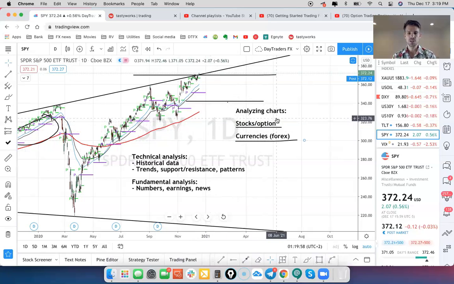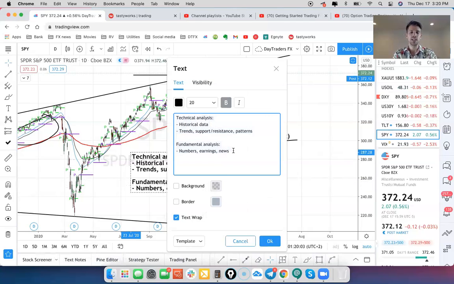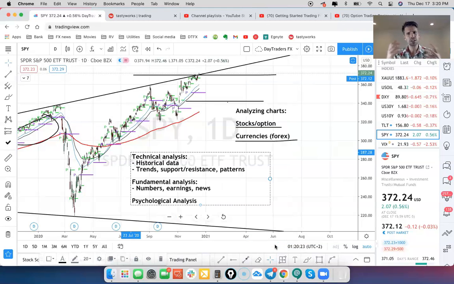But when it comes to the stock market, I would almost put in a third type of analysis, which is more of, I don't know what you would call it, maybe a psychological analysis. Something there's a different kind of analysis that we do in the stock market quite often, and it's more of where are people greedy and where are people afraid.